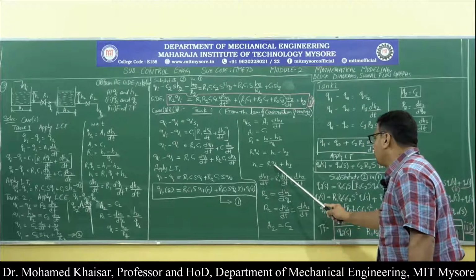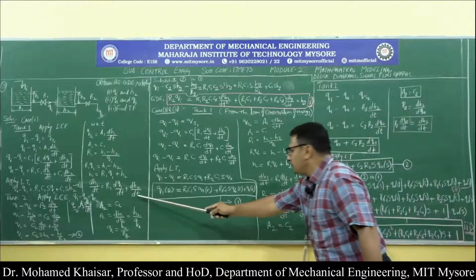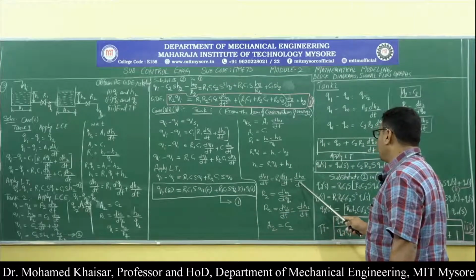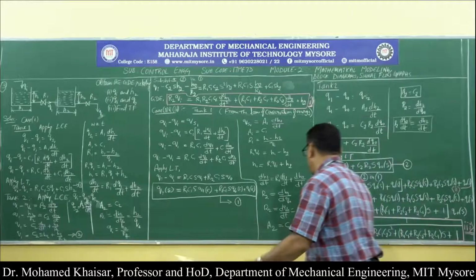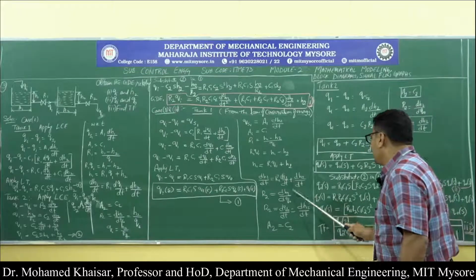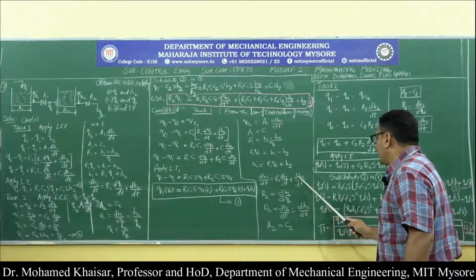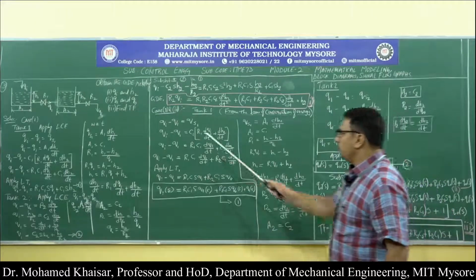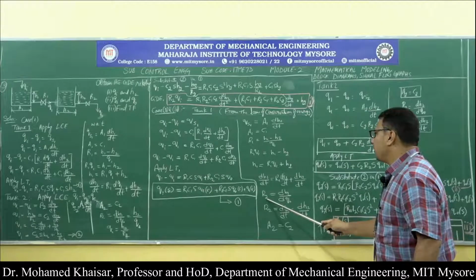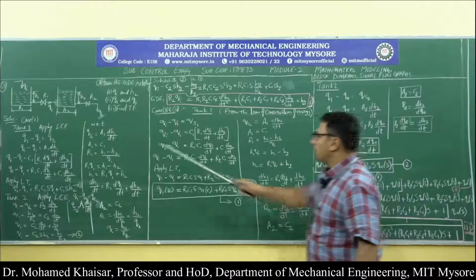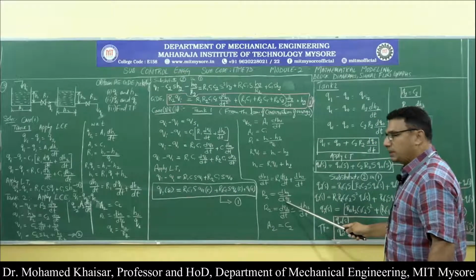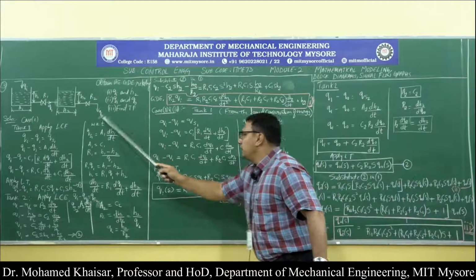Now, if you differentiate just like what we have done over here, we will get dH1 by dt is equal to R1 dQ1 by dt plus dH2 by dt. Then dH2 by dt is nothing but, if you consider the hydraulic resistance for tank 2, then the hydraulic resistance for tank 2 is given by dH2 by dQ0.